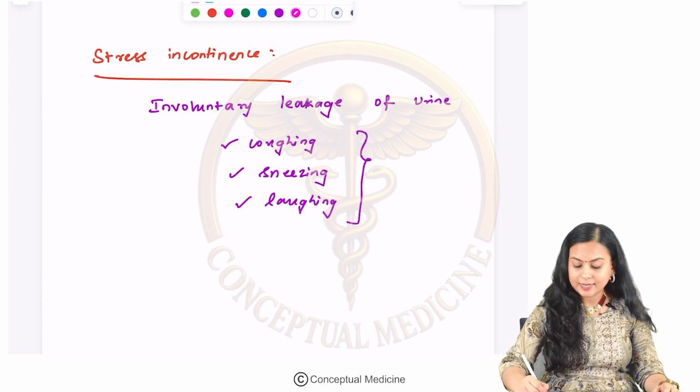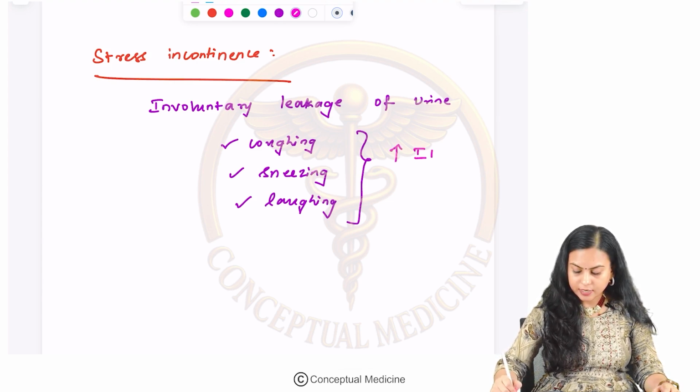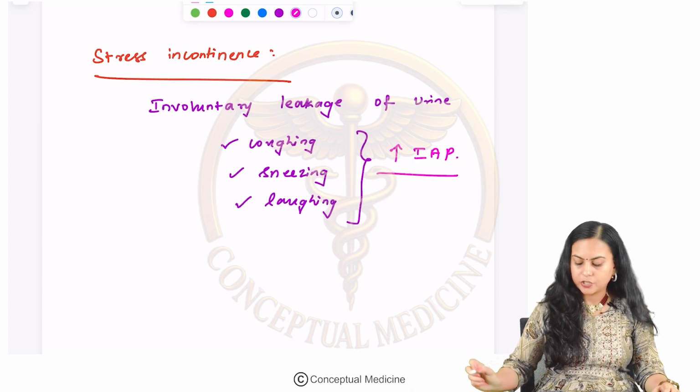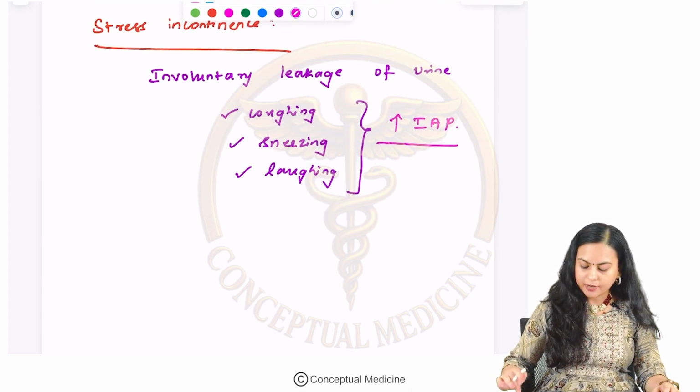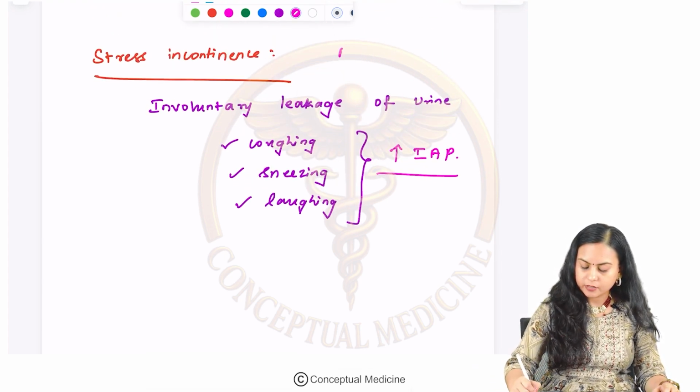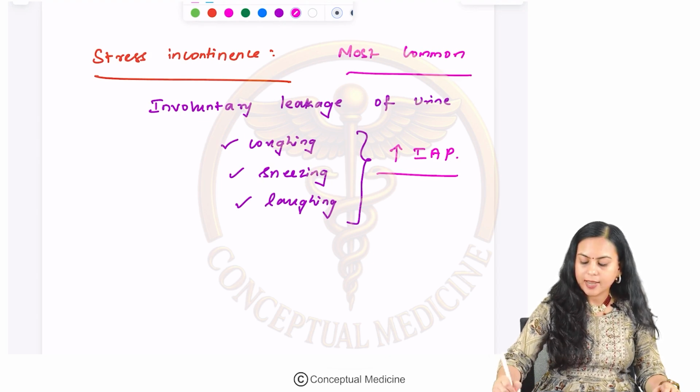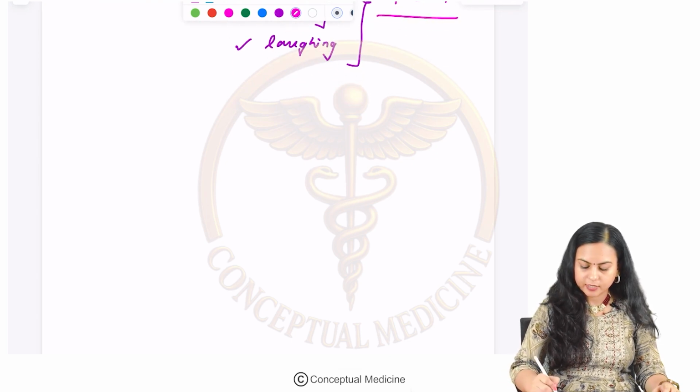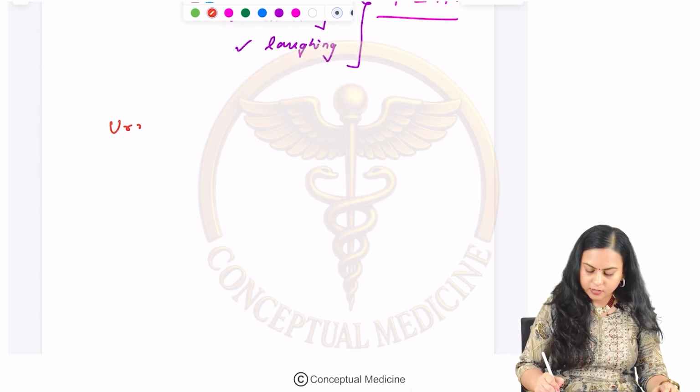Yes, there is an increase in the intra-abdominal pressure. Stress incontinence is the most common type of incontinence as well. Clear? Right. Next one is urge incontinence.